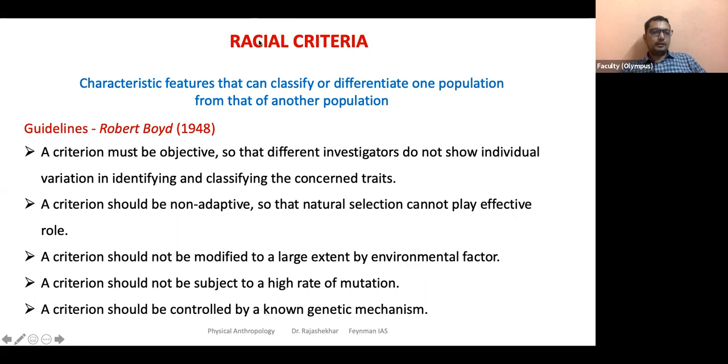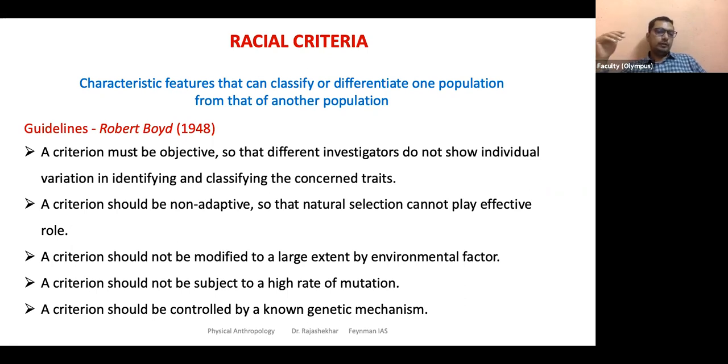What are those characteristics? These are some characteristic features that we notice in them which are distinct among them, so we can use them to classify or differentiate them from others. Racial criteria is a methodology that is recommended by many.